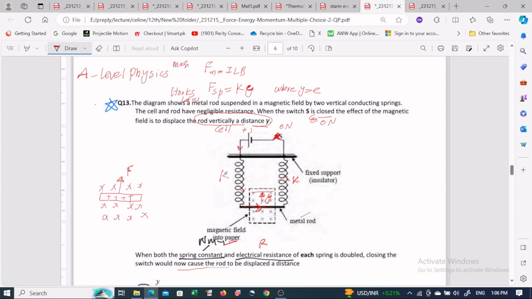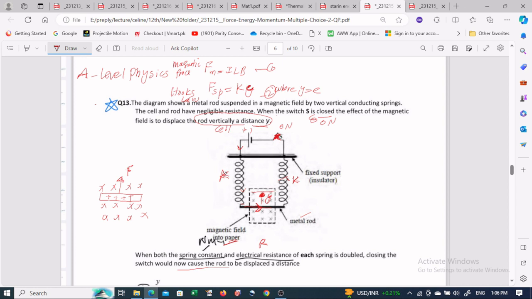So the magnetic force pulls this rod upward, and it covers a distance of y. As we know, these two forces must be balanced, because the magnetic force pulls this rod and there is a compression in the spring.